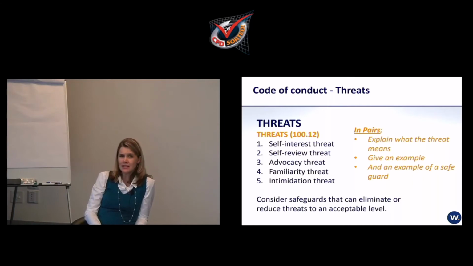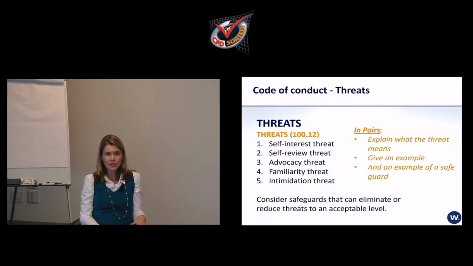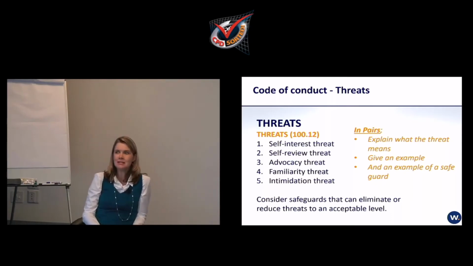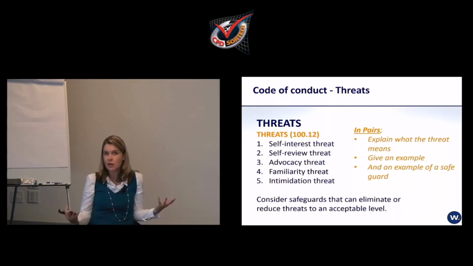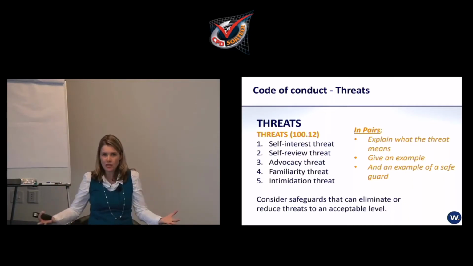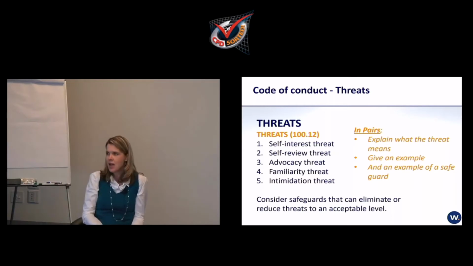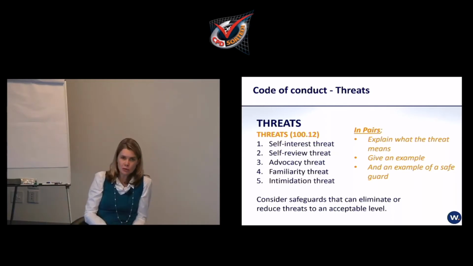So the advocacy threat is when you advocate on someone's behalf. So if you're auditing a client and they have a litigation or a court case, then you act on their behalf and defend them or advocate that people buy shares in them because you know about them. So you're acting on their behalf or selling on their behalf. And that is something that then also threatens objectivity, independence, integrity, all of those good things.